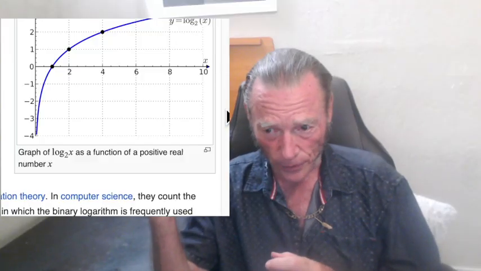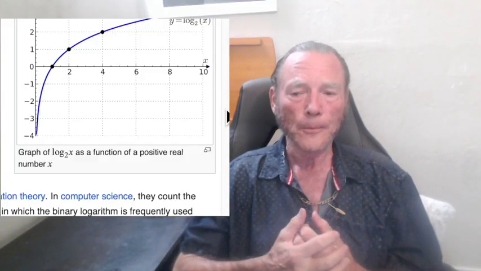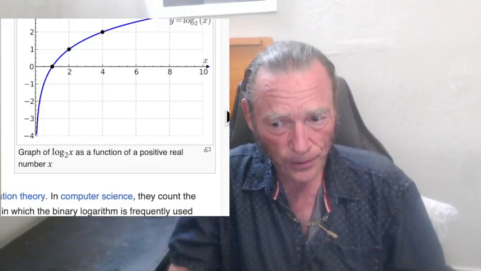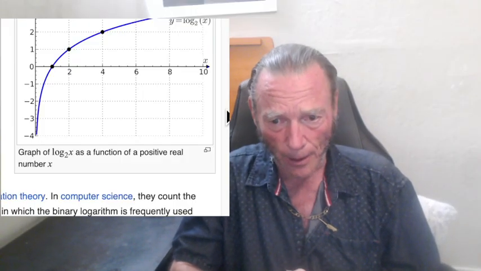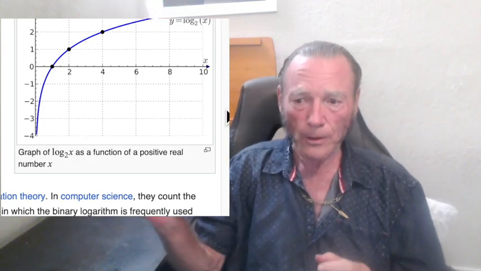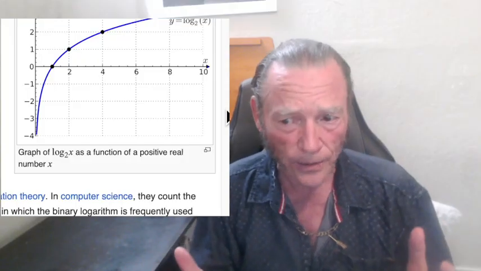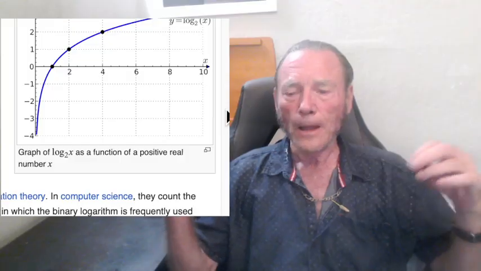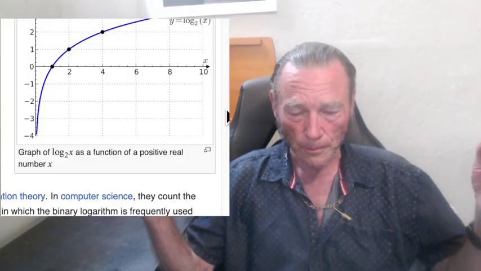So what does this line show? This is a curve. It's not a straight line, but it represents the binary numbers. The line going up and down, called the ordinate, called the y-axis in our language. That number is the integers.